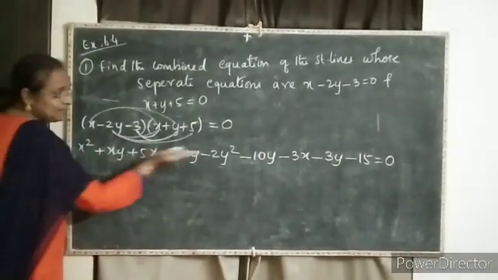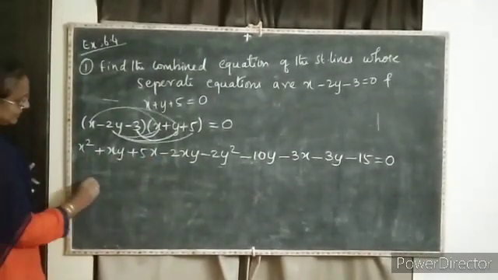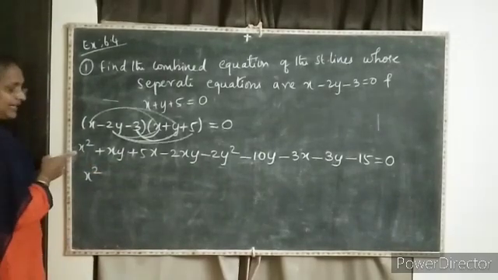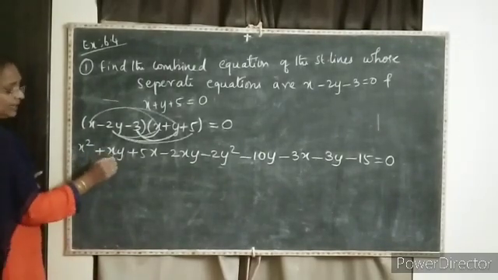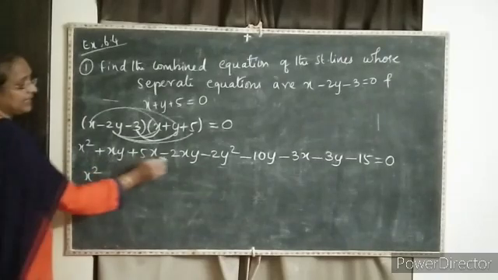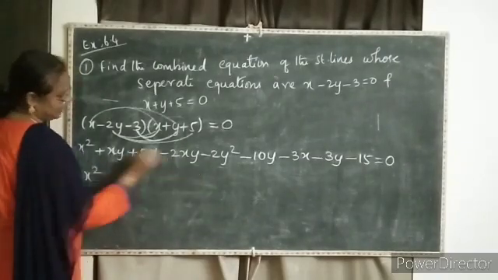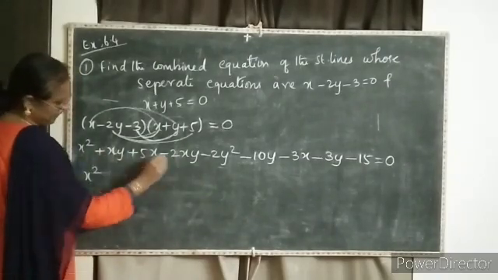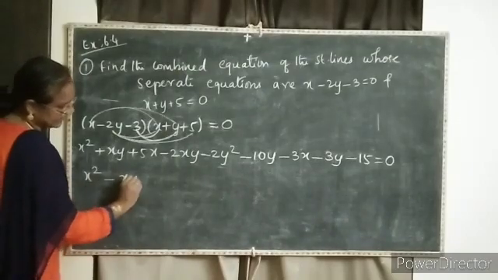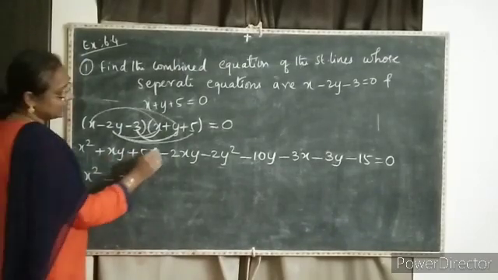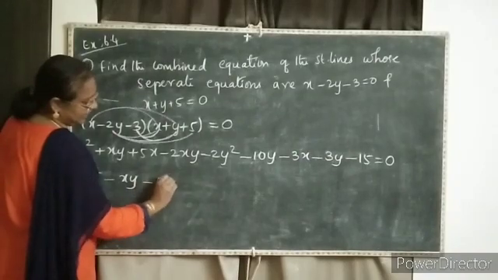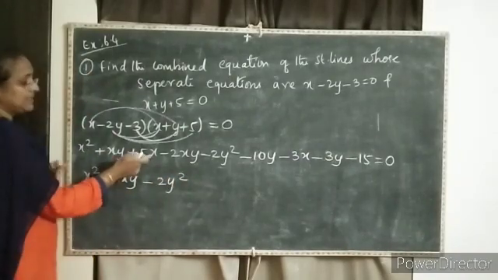Now let us simplify and bring it into the result. So first x squared, I am writing x squared as it is. Now here I have plus xy, here minus 2xy. Plus xy minus 2xy will give you minus xy. The next one, minus 2y squared. The next term is the x term.